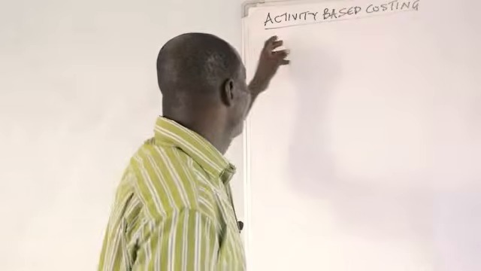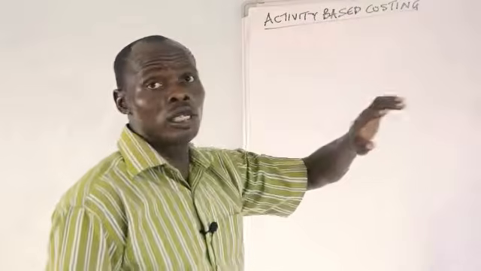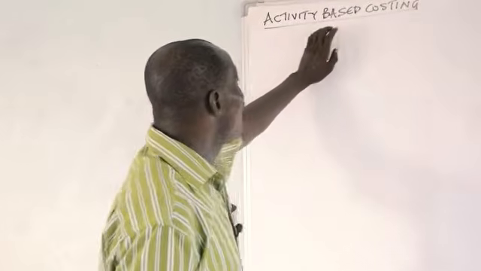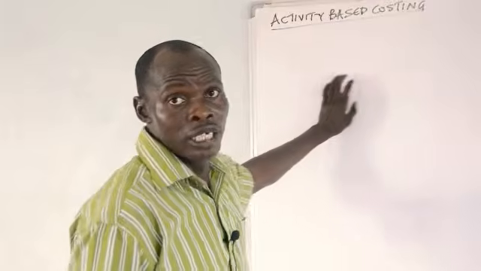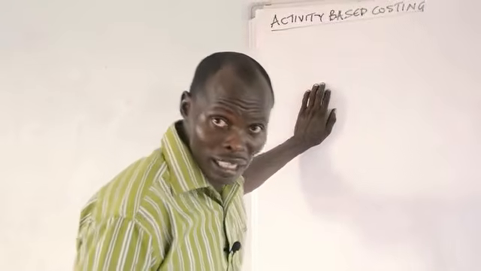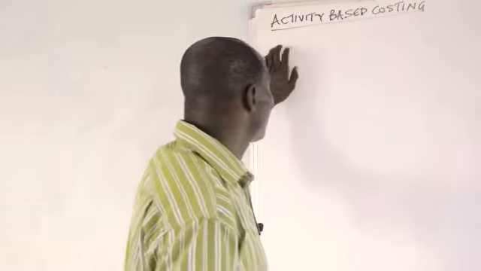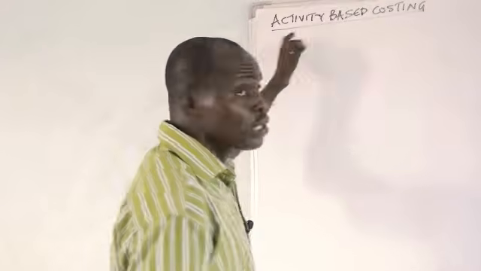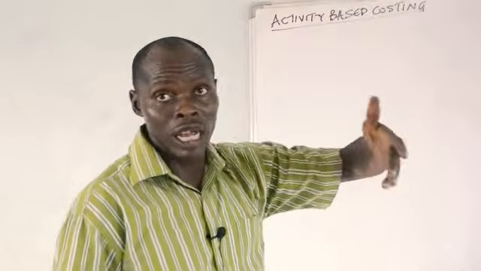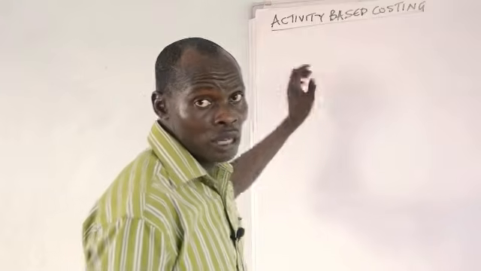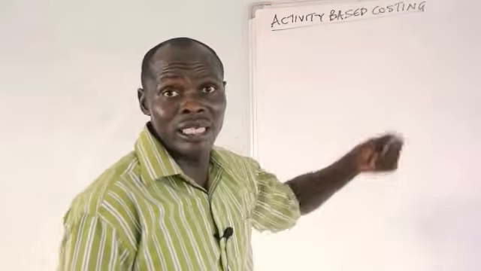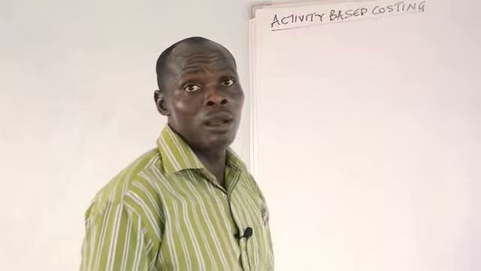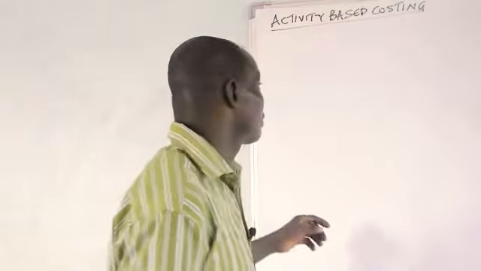As I was saying, activity-based costing is a system whereby overheads are chargeable to the product using the cost drivers. But under the traditional techniques, overhead absorption rate is used, and it is computed by dividing the budgeted overheads by the budgeted level of activities.